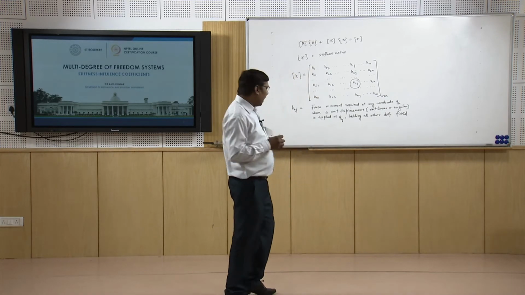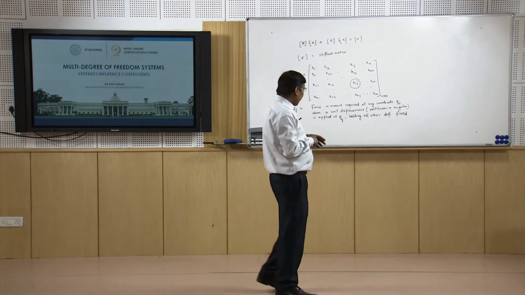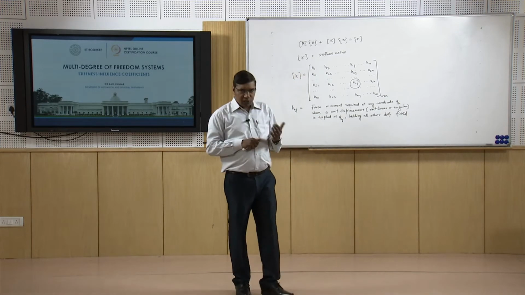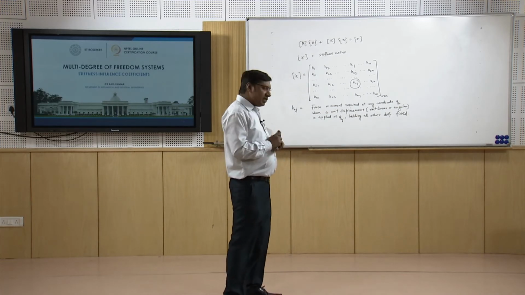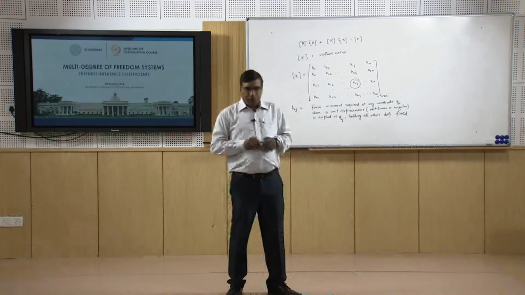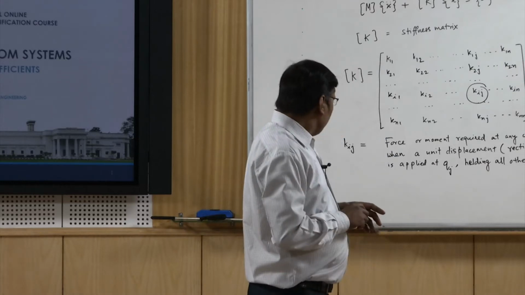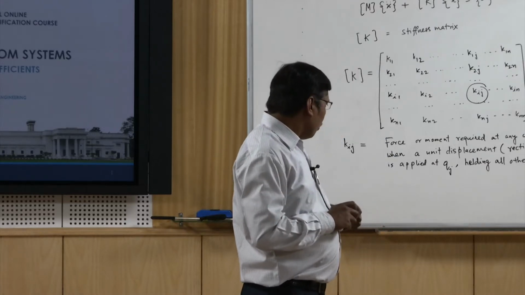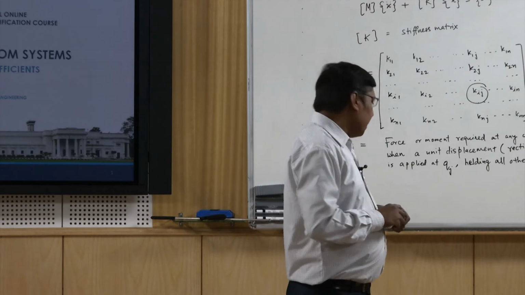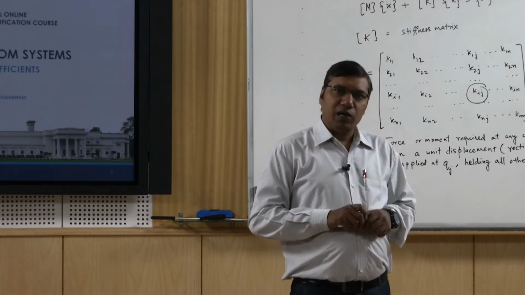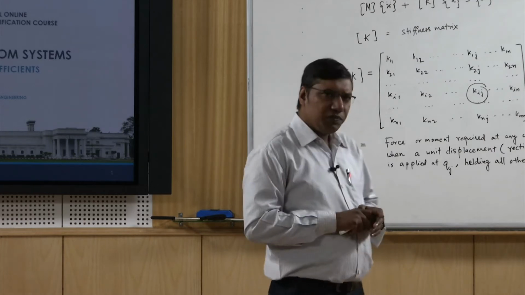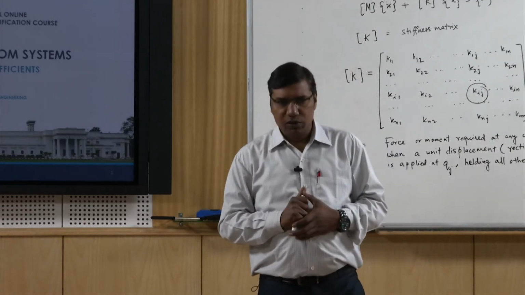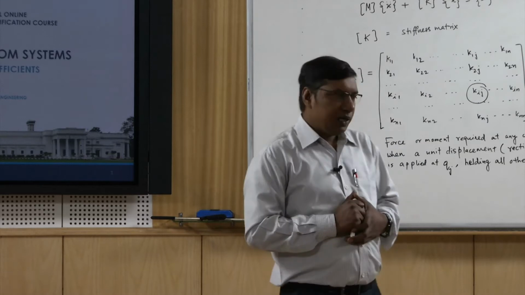Similarly, kji can be defined in reverse: we are measuring the force at j and giving a unit displacement at i. And again with the reciprocal theorem, kji is equal to kij.